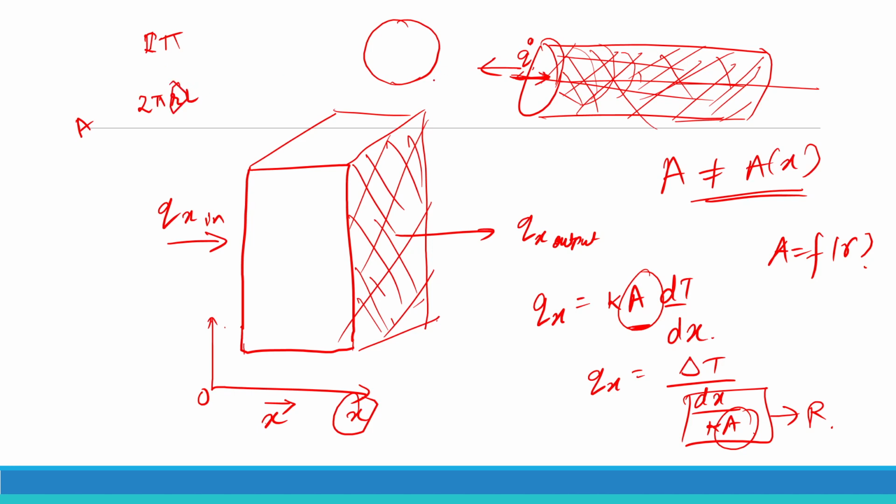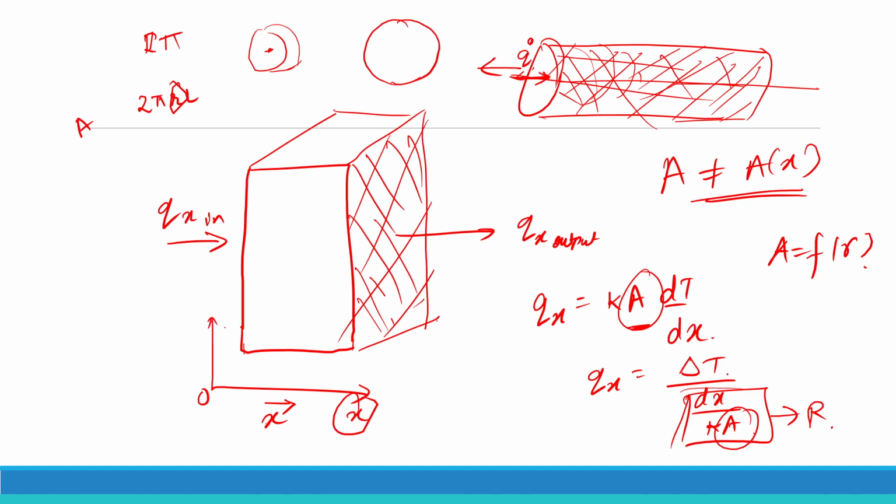A similar case would be encountered in the cross section of the sphere also, or any other geometry whereby the heat transfer area varies with the direction in which the heat transfer occurs. In such a scenario, we can't straight away write this resistance as delta x upon K times the area.